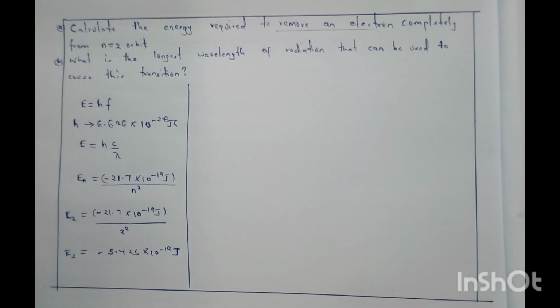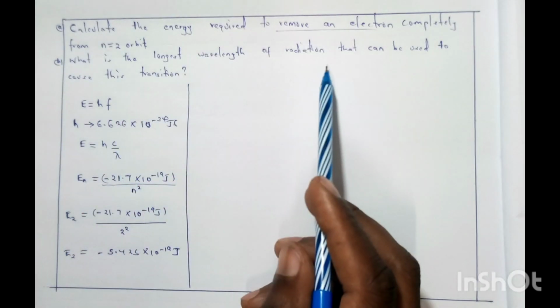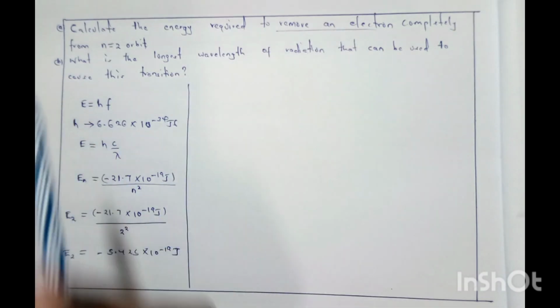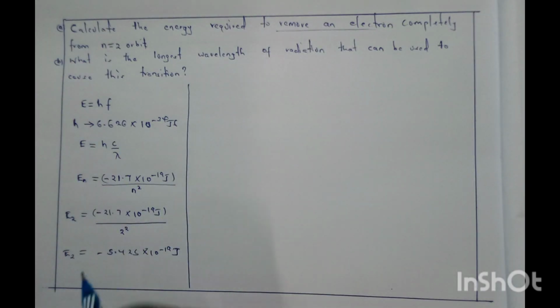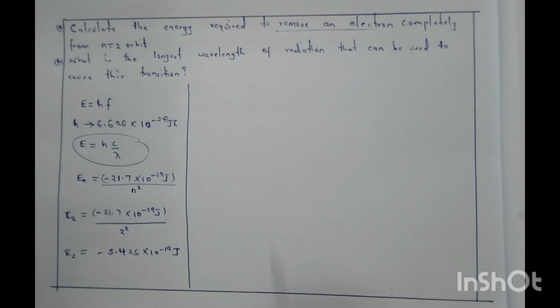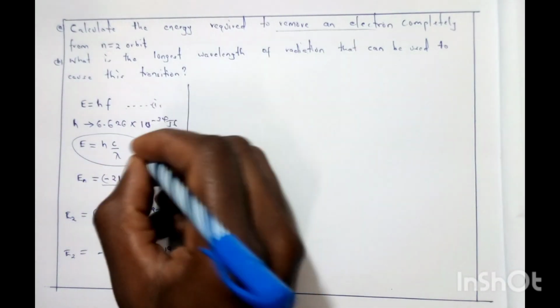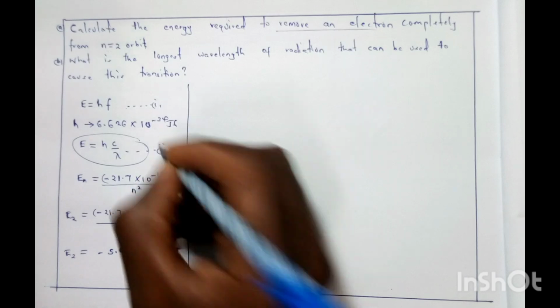Now in this case, we will also be required to find the wavelength associated with the radiation that causes this transition. Let's assume this is our first equation; we're going to apply equation 2 in order to find that.